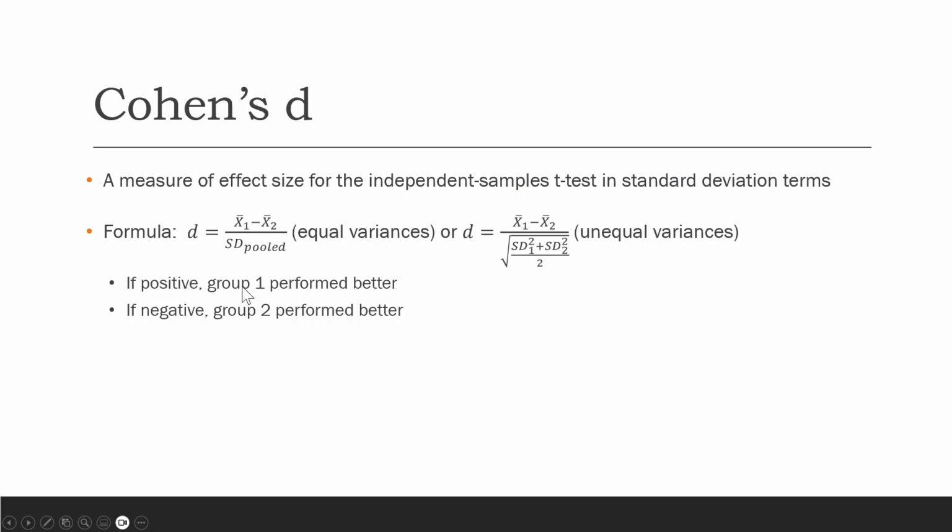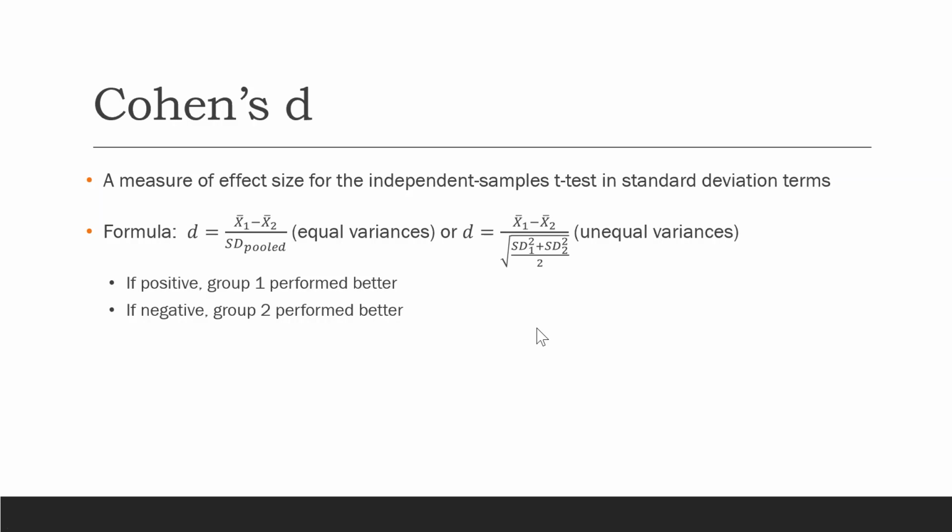That means group 1 had the larger mean. If Cohen's d is negative, that means the second group had the higher mean. I said perform better here, but had the higher or larger mean is the better terminology.